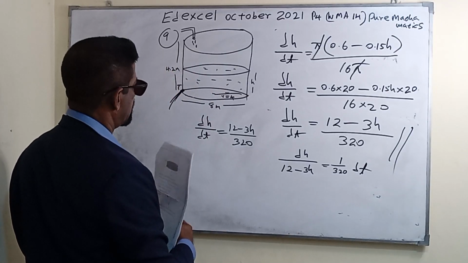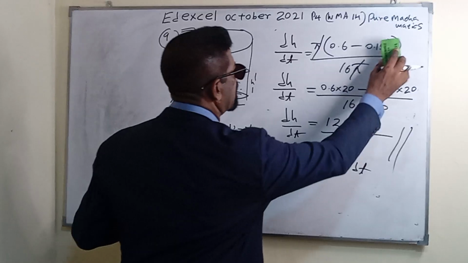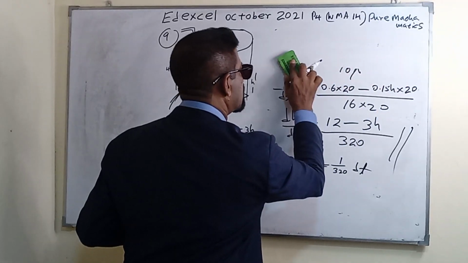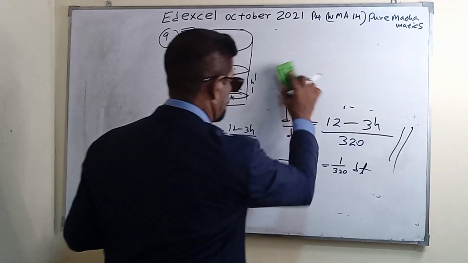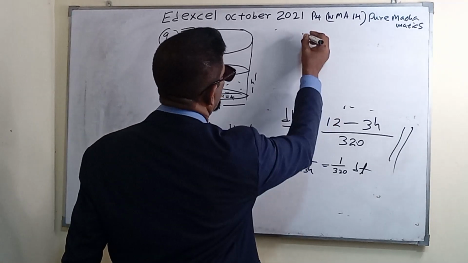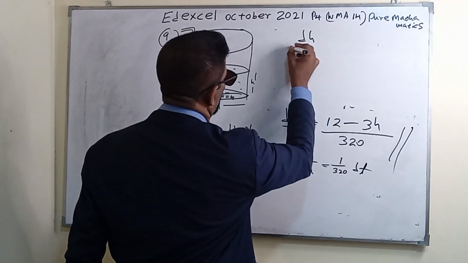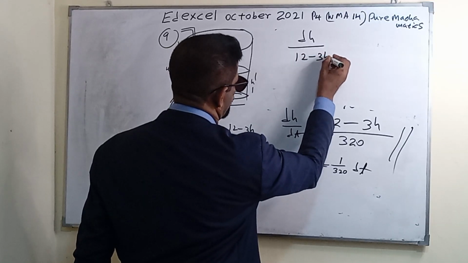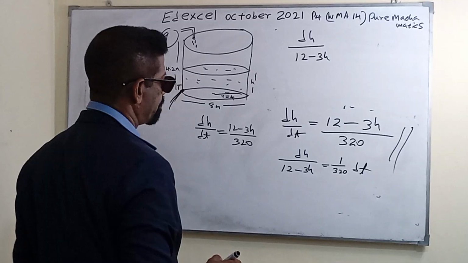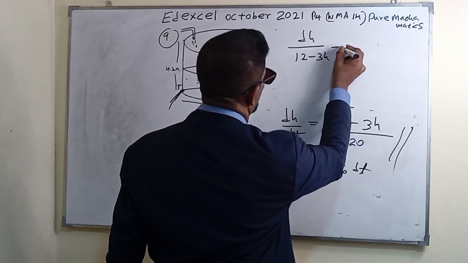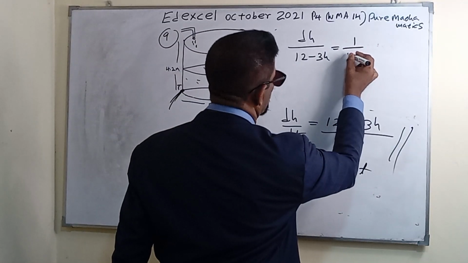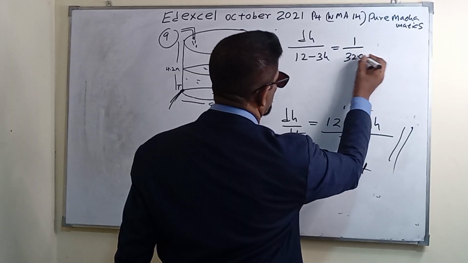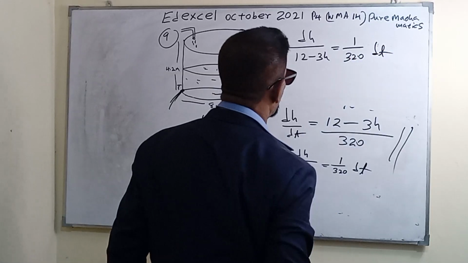Now we are going to erase this. dh over 12 minus 3h equals 1 over 320 dt.